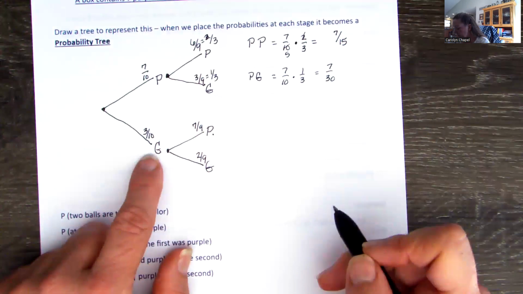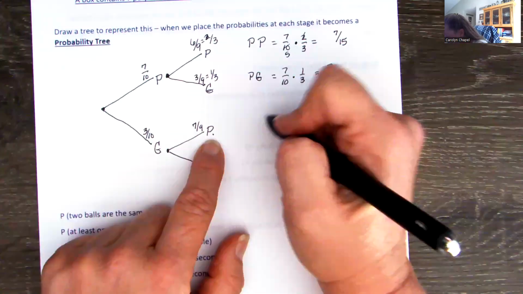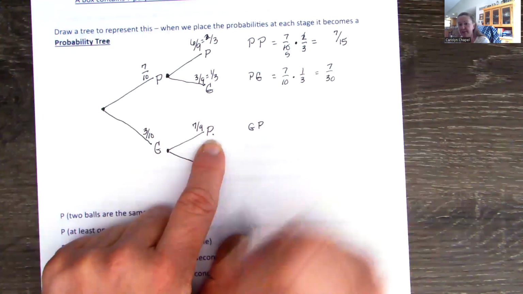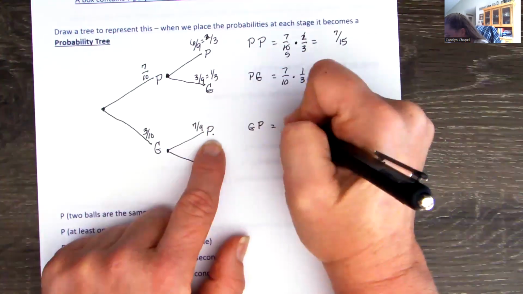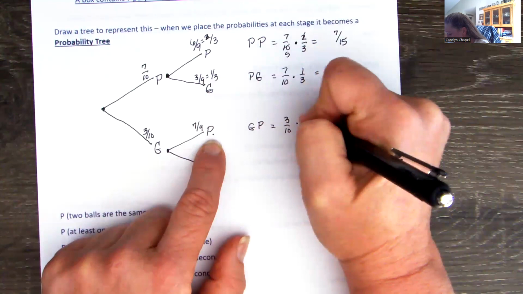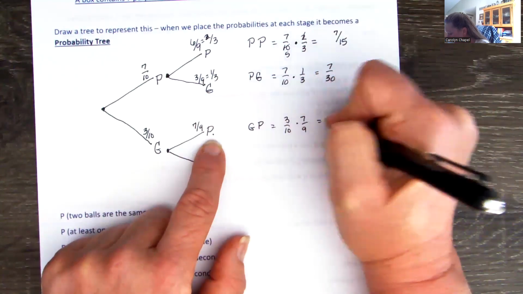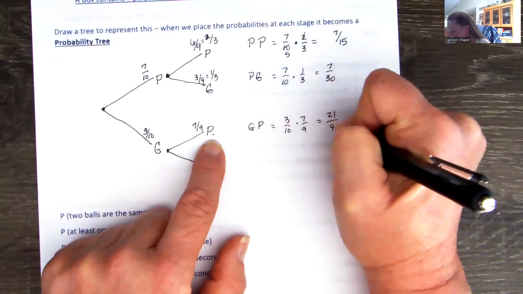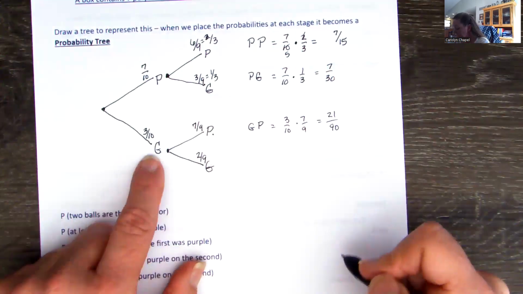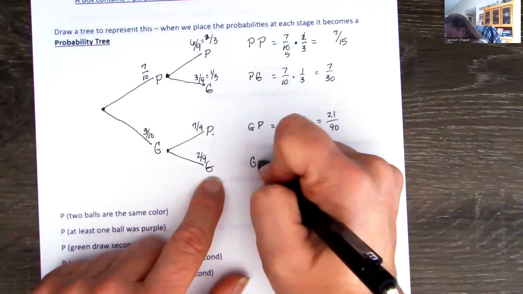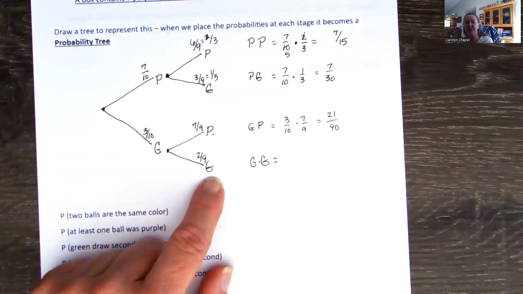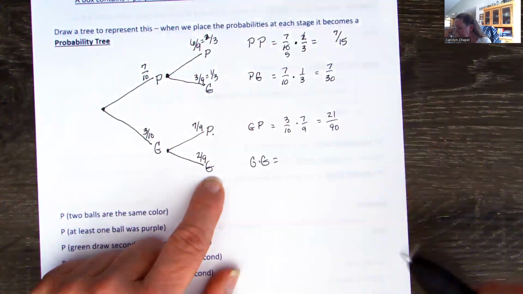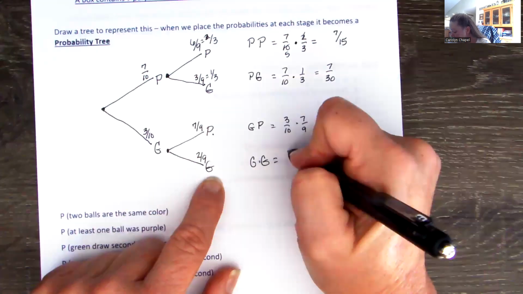Here I'm going to have a green and a purple. So green and purple, green on the first and purple on the second draw. 3 out of 10, 7 out of 9, or 21 out of 90. And the last one is our green and green. Not that I would need to calculate the probability of each of these branches, but it might help what comes later, depending on where you're going.